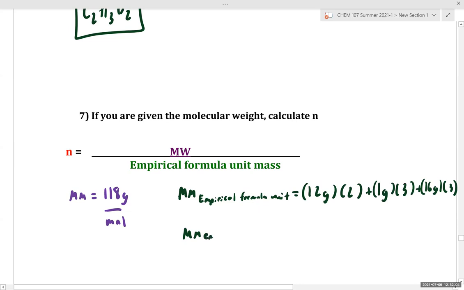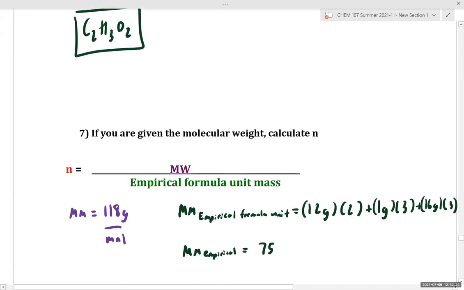So the molar mass of our empirical formula unit would be 12 times 2 plus 3 plus 48. Let me just check I did that correctly. 2 oxygens.